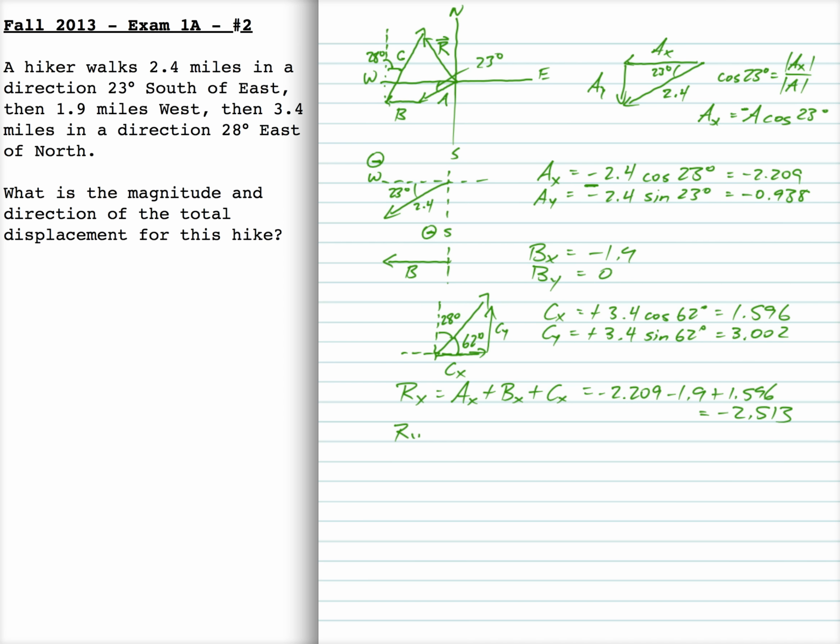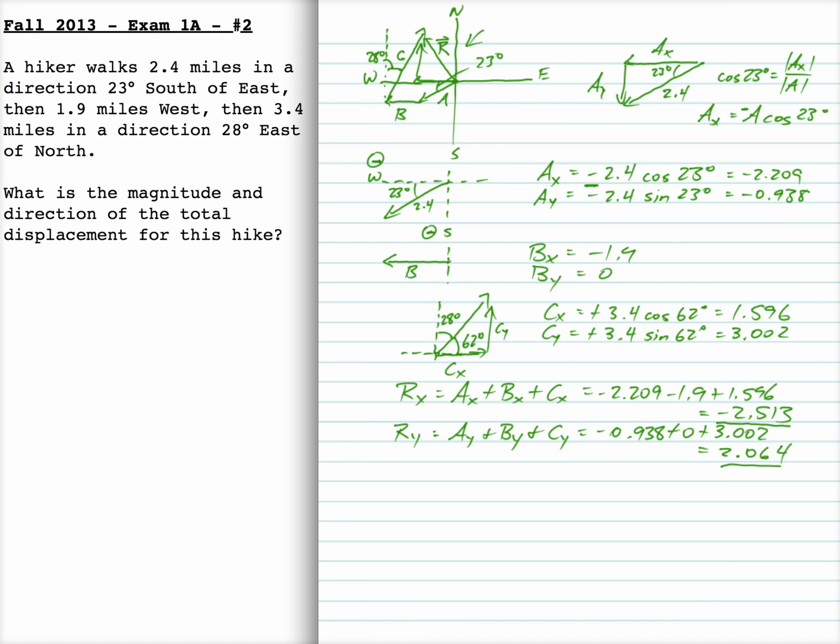And then my y component is minus 0.938, plus 0, plus 3.002, which works out to be 2.064. So that's kind of what I expected at the beginning. If you look up here, I expected my x component to be negative and my y component to be positive and to be comparable to one another, and they are.